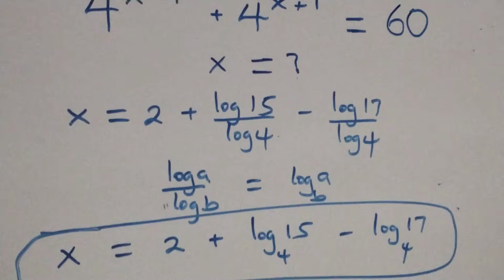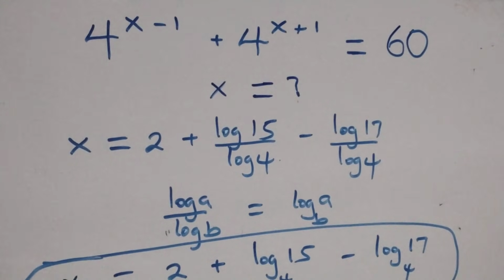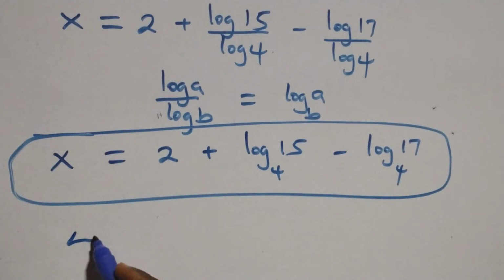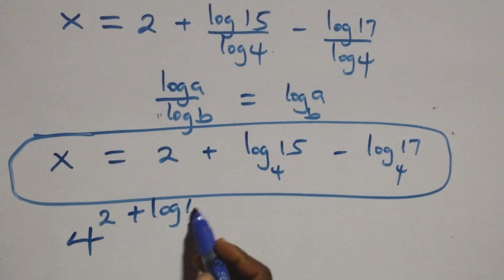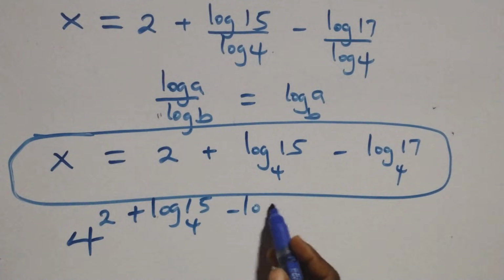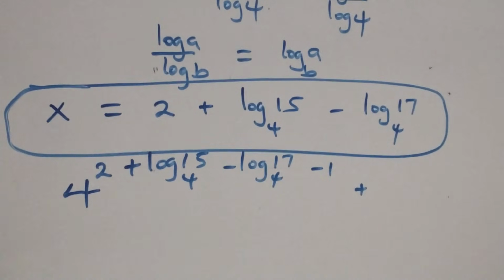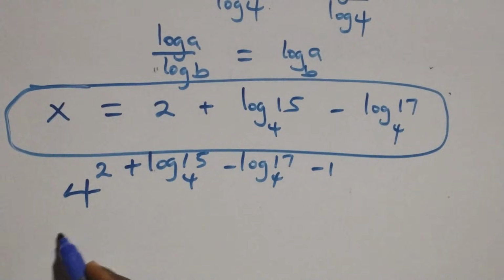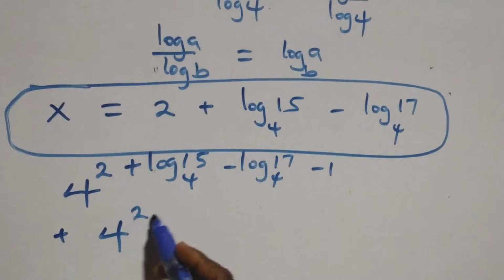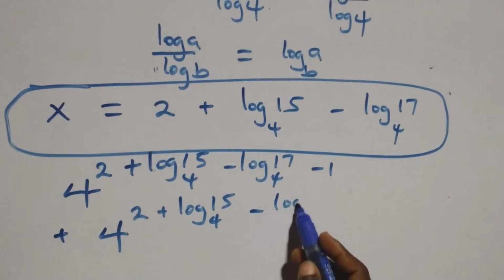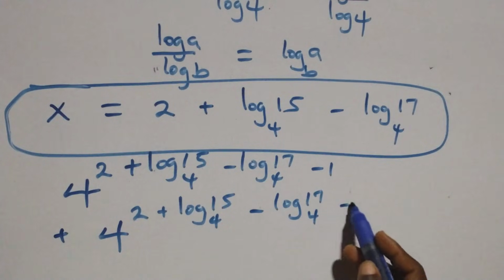And let's check if this satisfies this given problem. We substitute the value of x here in this problem, and what we have becomes 4 raised to power x, which is 2 plus log 15 base 4 minus log 17 base 4, then minus 1, plus 4 raised to power 2 plus log 15 base 4 minus log 17 base 4, then plus 1.